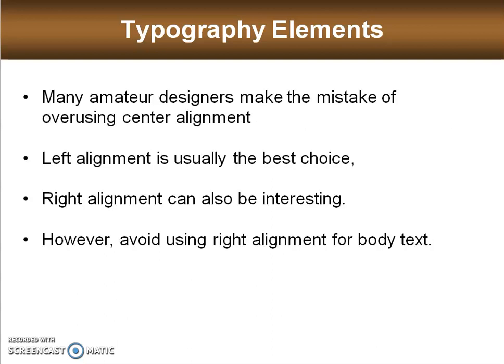Many amateur designers make the mistake of overusing center alignment. Left alignment is usually the best choice. Right alignment can also be interesting. However, avoid using right alignment for body text.